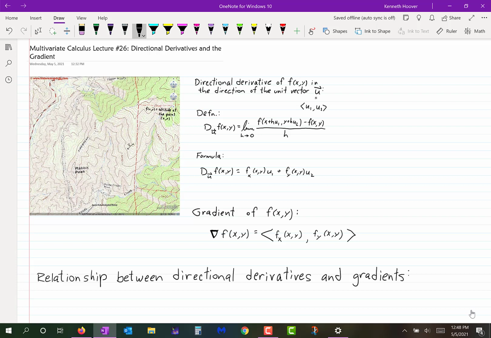Here's the relationship. The directional derivative of f in the direction of the vector u is actually just equal to the dot product of the gradient of f with the vector u. Look up here and you'll see that.